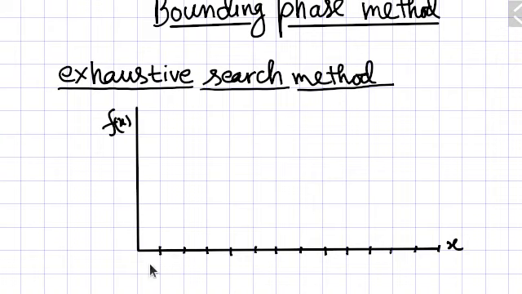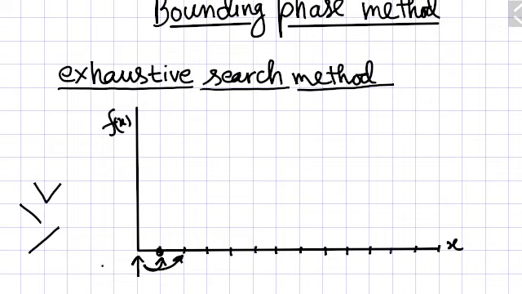In this method, we start with some initial point. This is our initial point. After that, we take 3 points and see what the trend is, whether it is like this, or like this, or like this.